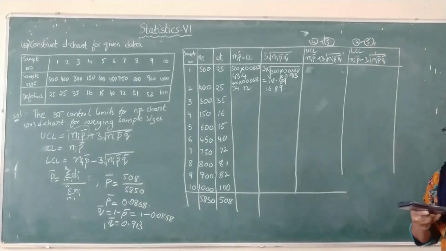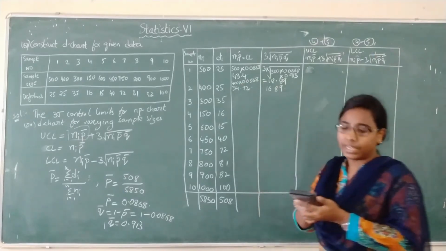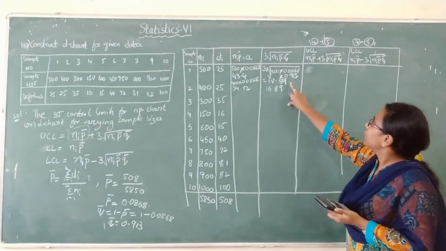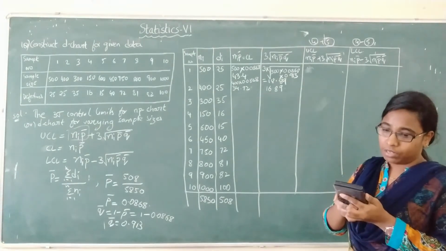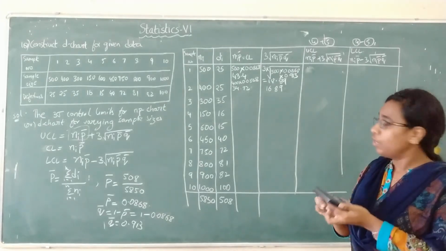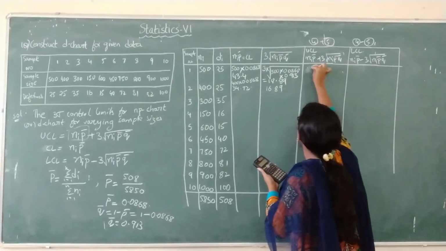So first, how will you get the first LCL? What is the first column 4 value? 43.4. So 43.4 minus the column 5 value, 18.89. You will get the first LCL value as 24.51.